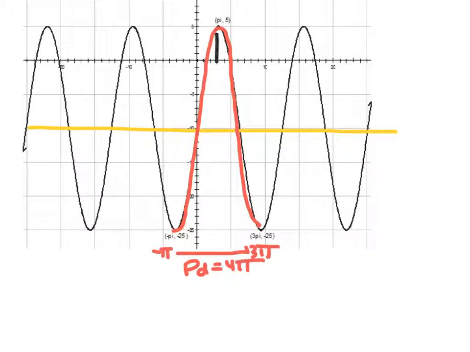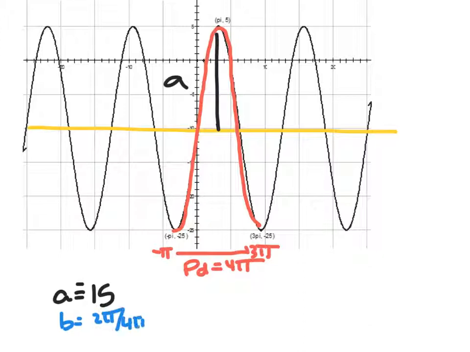My amplitude, going from -10 to 5, is 15. And for this one, I am upside down because normally it starts high, goes low, goes back high. This is upside down, so I'll make it negative. My B is 2 pi over my period, which is 4 pi. So that's a half.